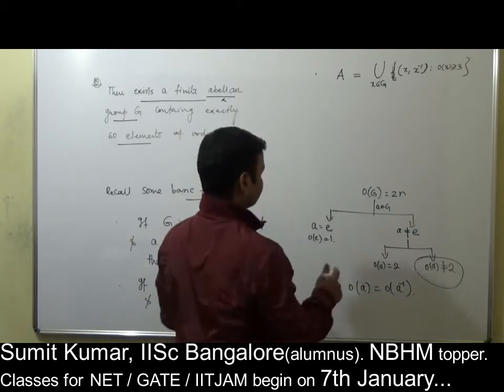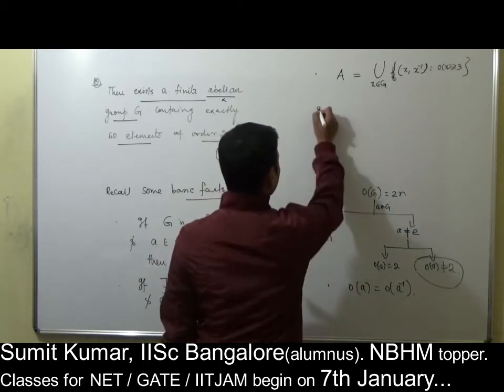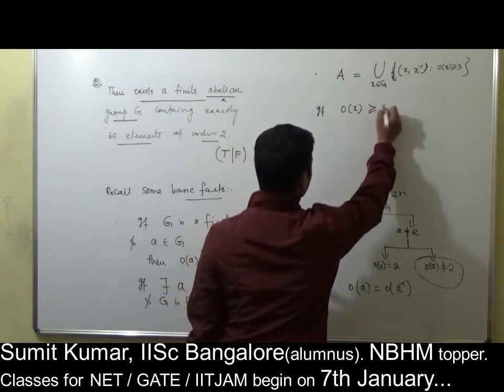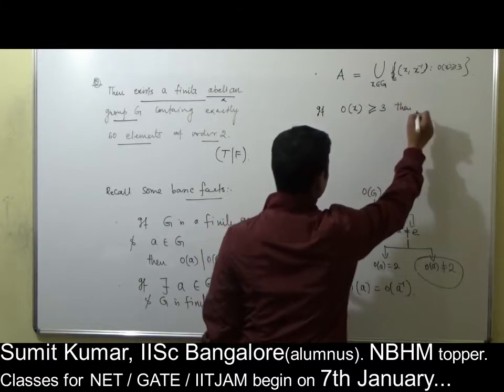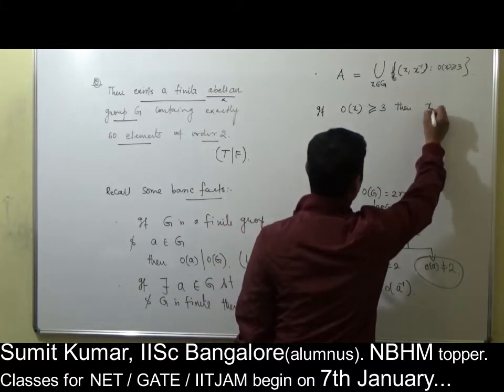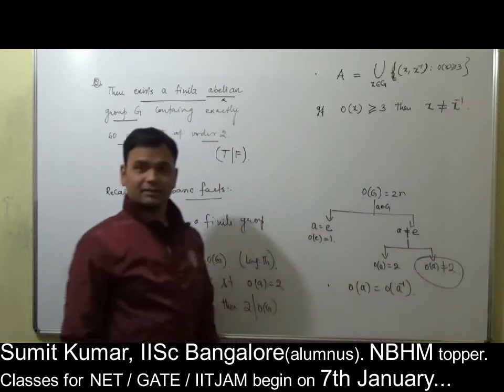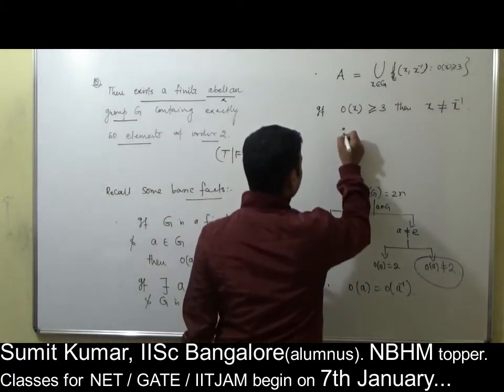And my claim here is, if the order of x is greater than or equal to 3, then x is not equal to x inverse. Why so?